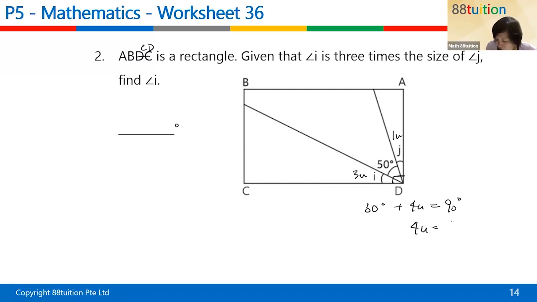So my 4U is actually 40 degrees already. 1U is 10 degrees. Okay, so when 1U is 10 degrees, what will you have? Angle I is 3 units. So 3 units equals 30.